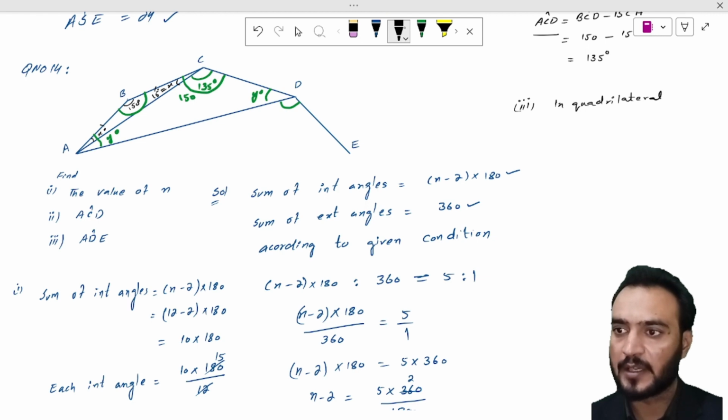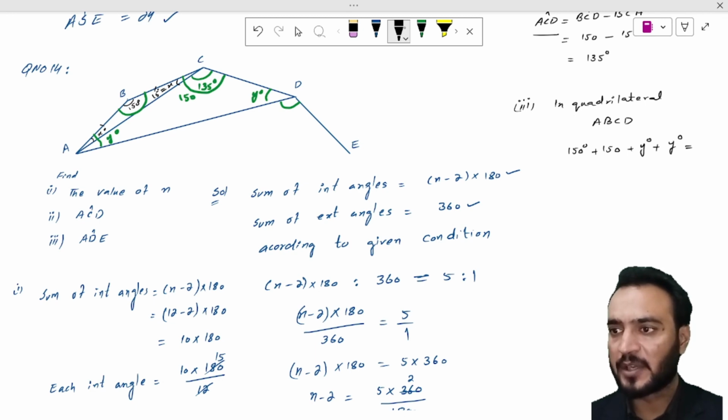In quadrilateral ABCD, we know the interior angles, that is the angle at point B is 150 degrees. At the same time, angle at point C is 150 degrees. Angle at point A is y degrees and angle at point D is also y degrees. And we put this sum equal to 360 degrees.